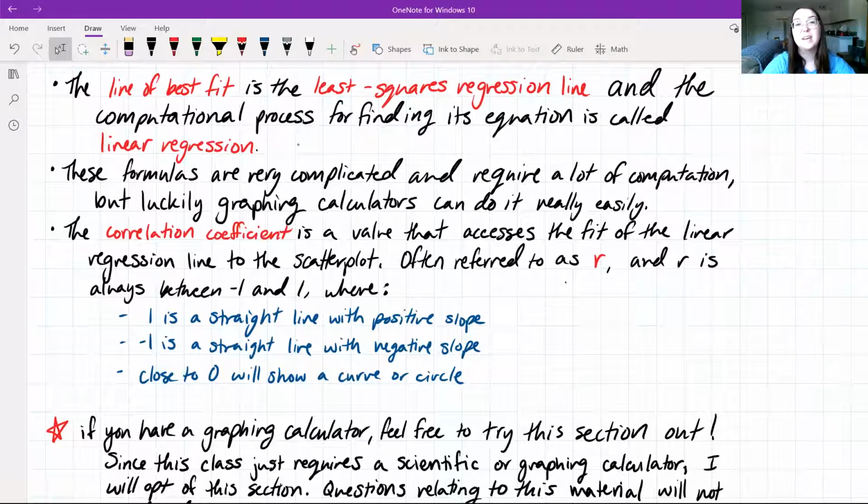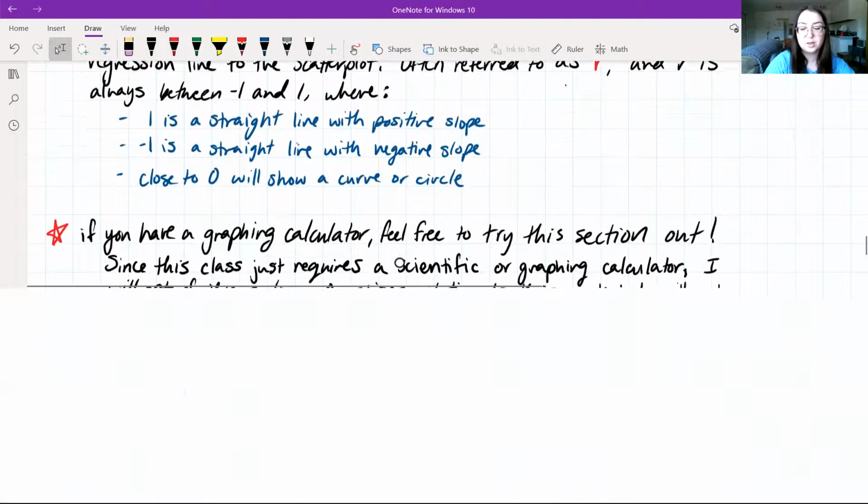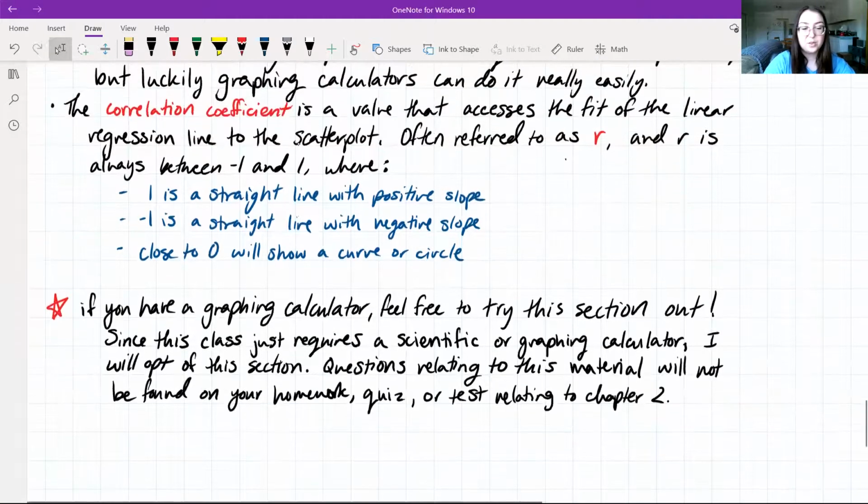So if you have a graphing calculator, this section can be extremely useful to you for learning about linear regression lines. This section also talks about our correlation coefficient, which is just a value that assesses the fit of the linear regression line to the scatter plot.